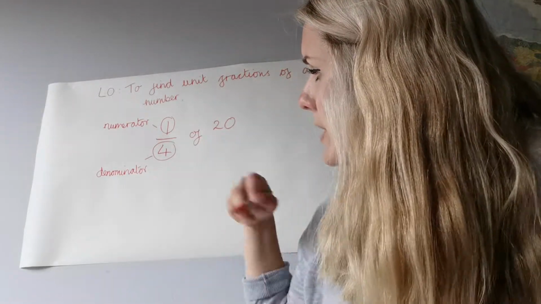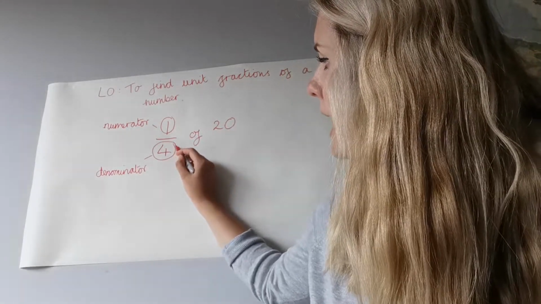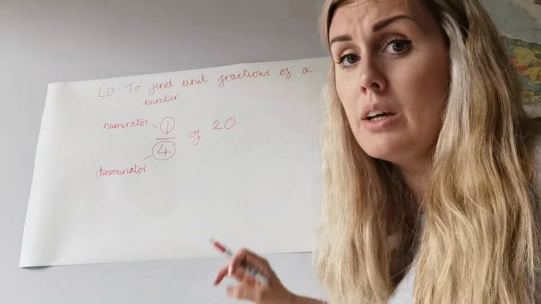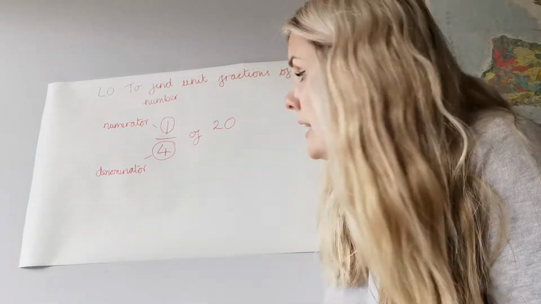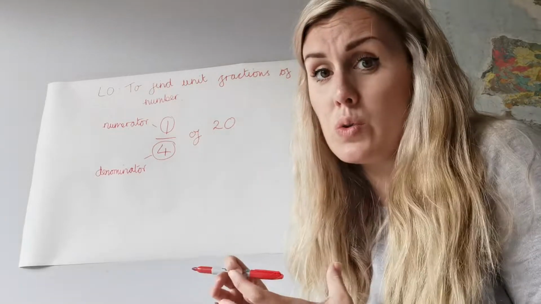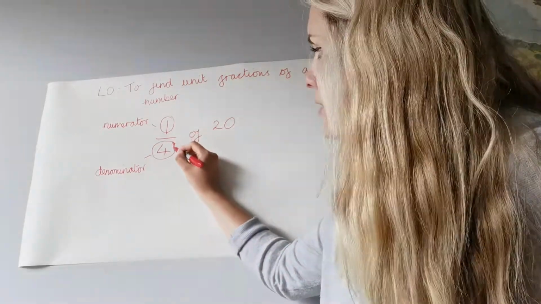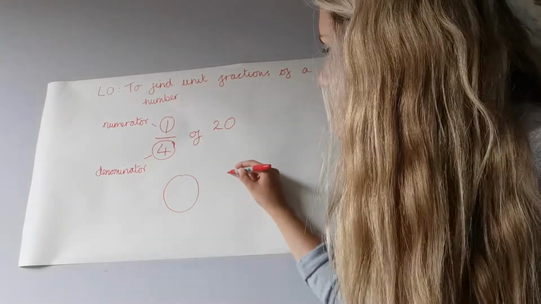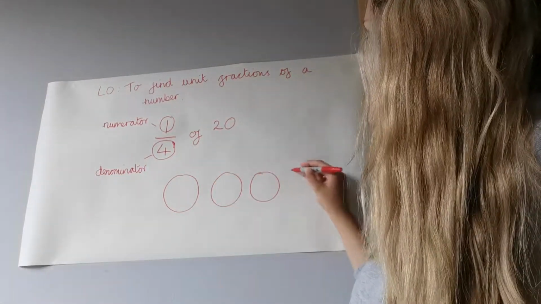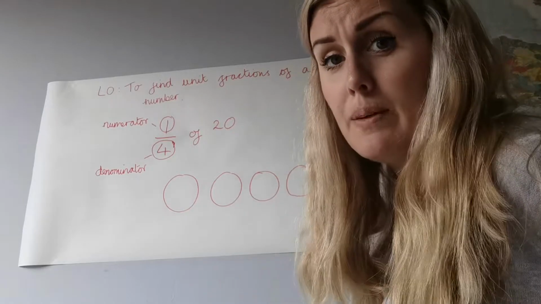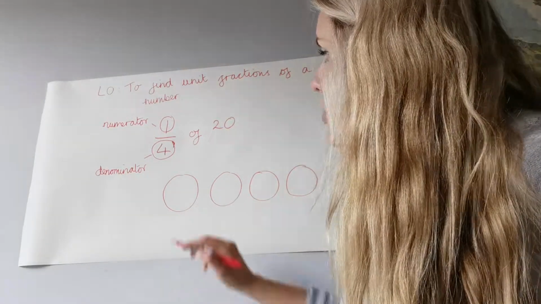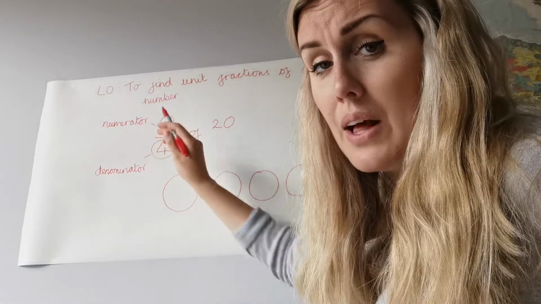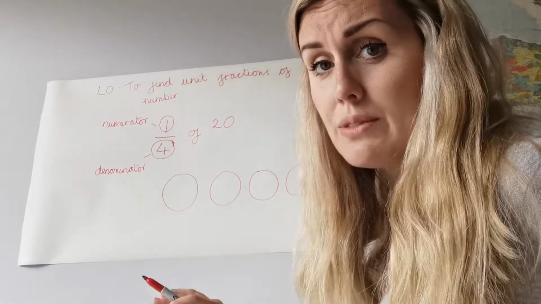The denominator tells us how many groups we need to share our number by. We're finding 1/4, so we need to share it into 4 groups. So I'm going to draw 4 circles: 1, 2, 3, 4. And then the numerator tells me how many groups I'm going to count at the end, once I have shared everything.